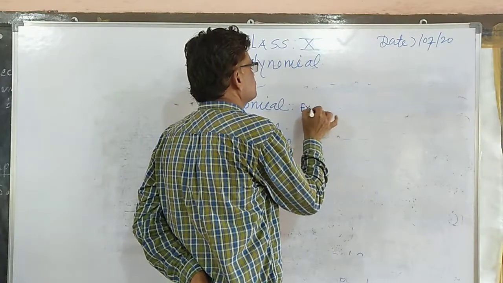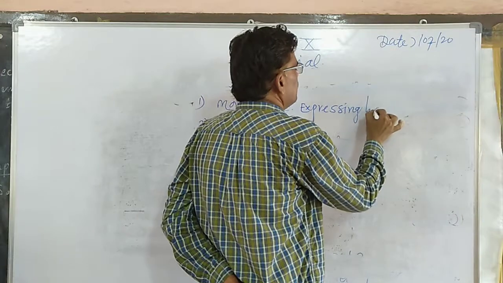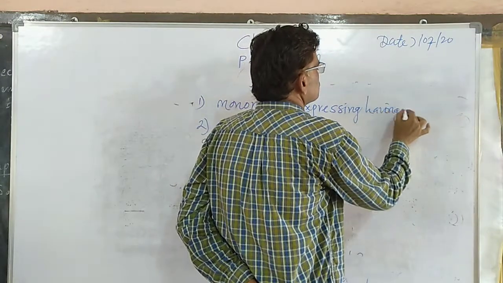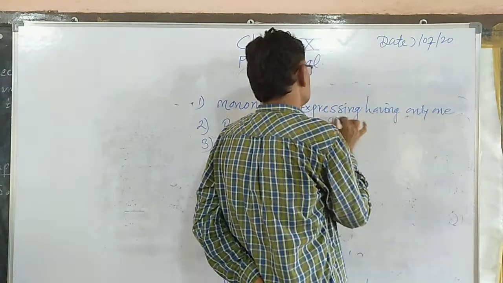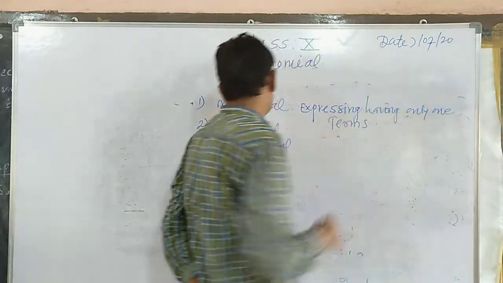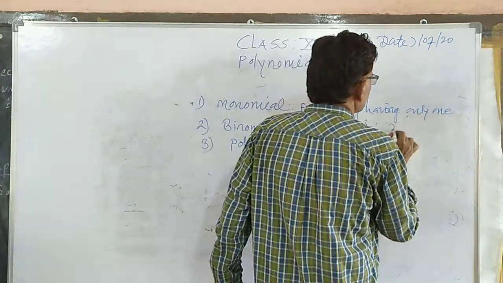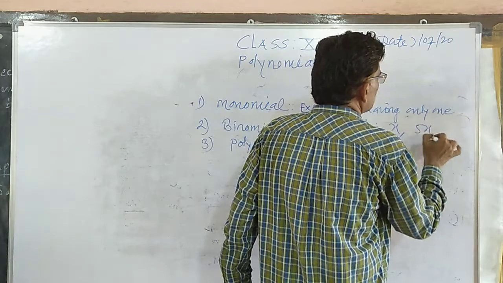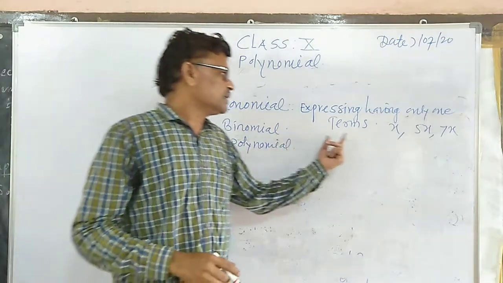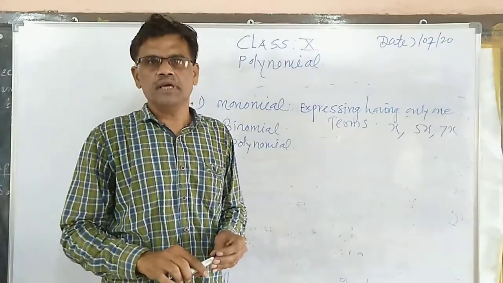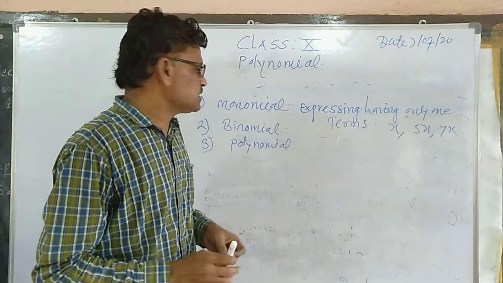Expression having only one term, for example x, 5x, 7x. These are the examples of monomials. Another type is binomials.